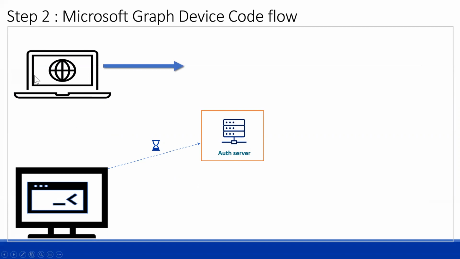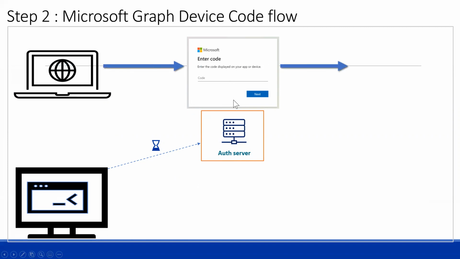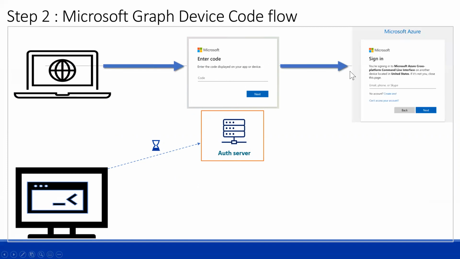When you go to your web browser or a mobile phone, you can access the verification URL and you are presented with this screen. Once you enter the code here, you will be presented with the user authentication screen. You need to provide your credentials, and those credentials are authenticated against your auth server.